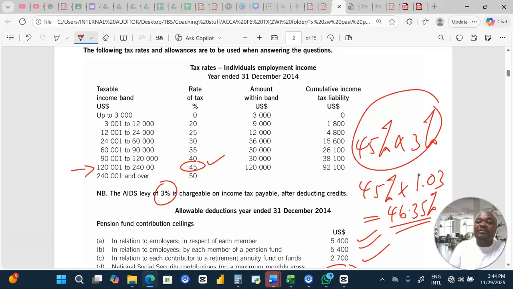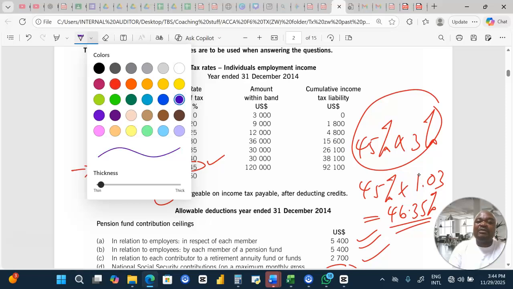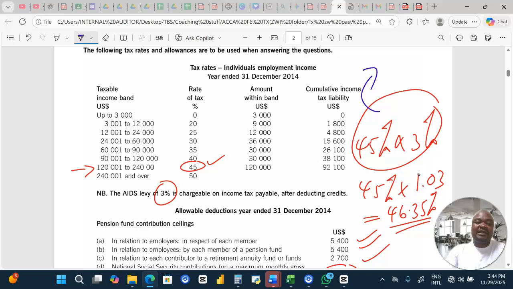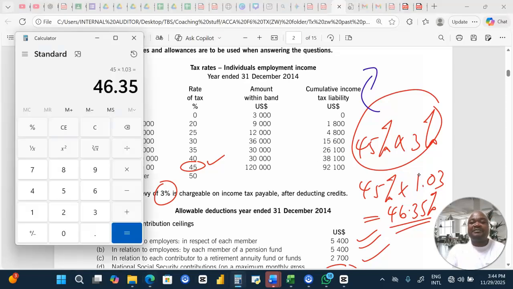Some people are saying, so why did you write that one first? Okay, let me just complete here. When we say 45 multiplied by 3%, what do we get? We get 1.35.